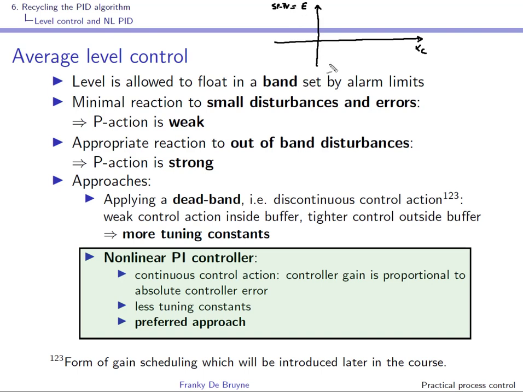What we can do is set a band, for instance here in blue, and if the error is in this band, we take a small value of the controller gain, whereas when we are outside, we have a high controller gain. But this leads to discontinuous control action, and this is not desired.